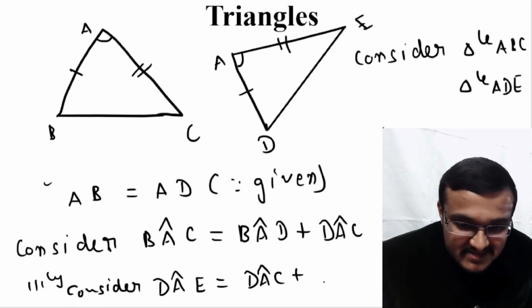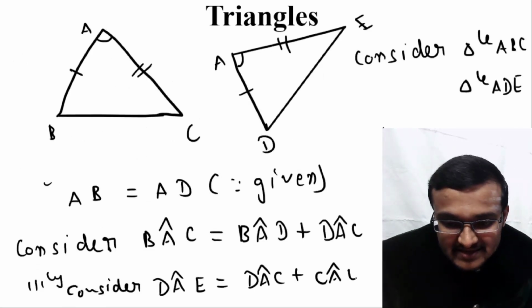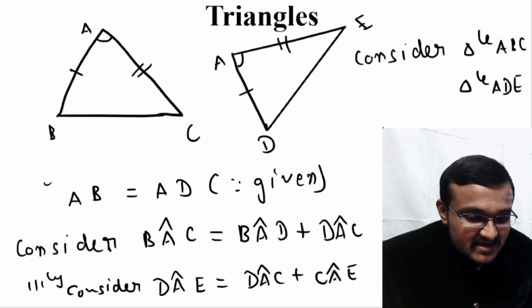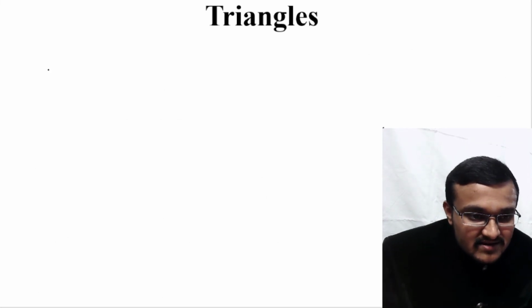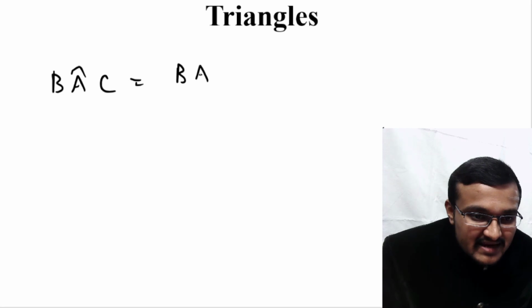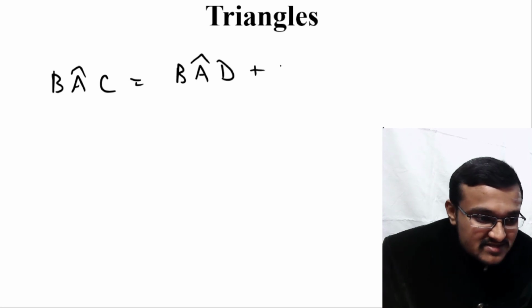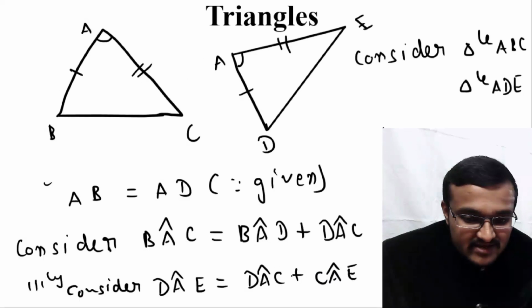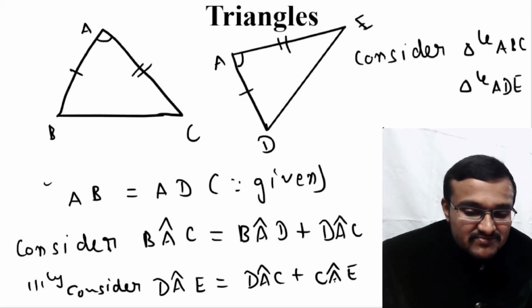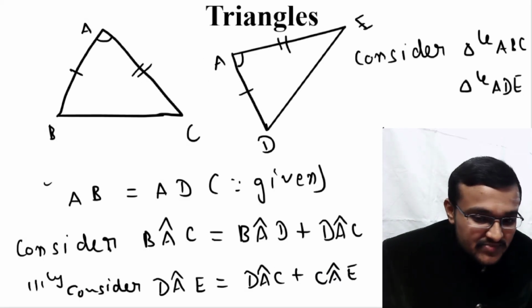So BAC is equal to BAD plus DAC, and DAE is equal to DAC plus CAE.